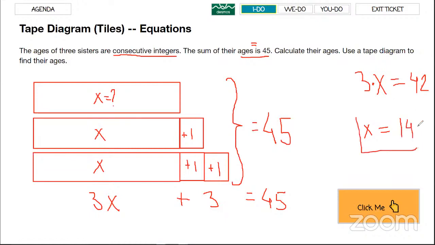Okay, so 3 times 14 is 42. Yes, you got it. Somebody gave me the answer. So the first sister's age is 14, the second sister's age is 15, and the last sister's age is 16. If you add them all, it's going to give you 45. Okay. Wow, you guys know this. You did this before me.